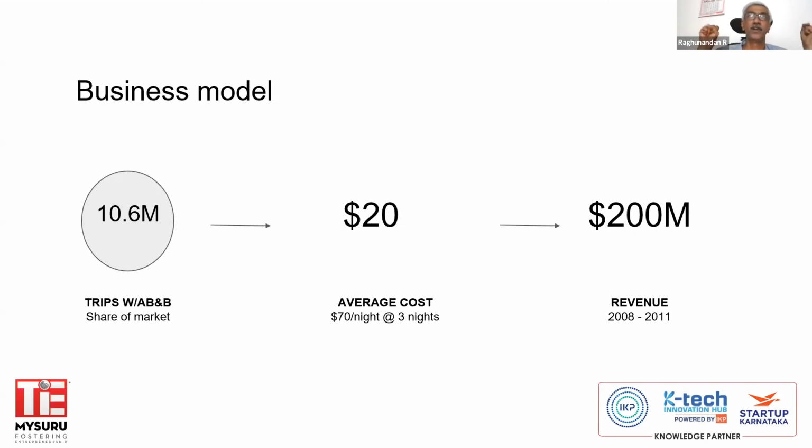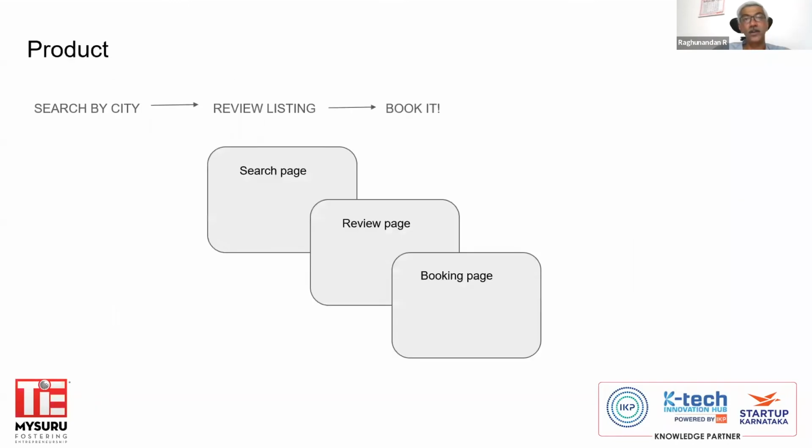So I make around $21. We just round it off to make it simple. Average, I will say $20 is what I make for a typical booking that is going to happen. And since I will do around 10 million, my revenue for the first 3 years is going to be 200 million. You see, so this is the way in which a business model could be presented. So you have, how is the customer going to come and book?